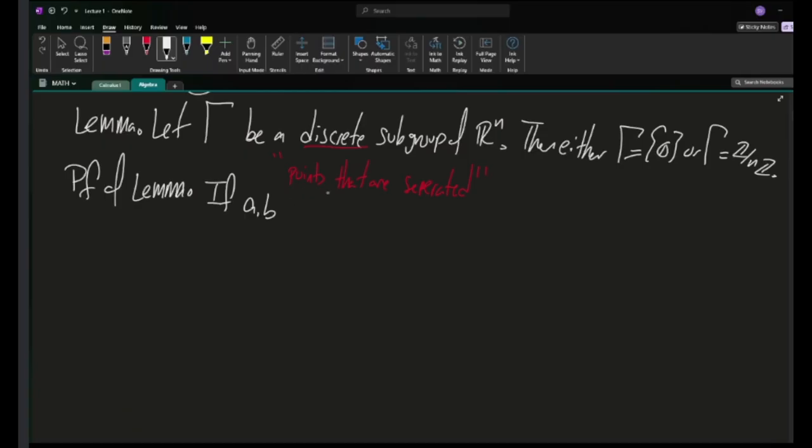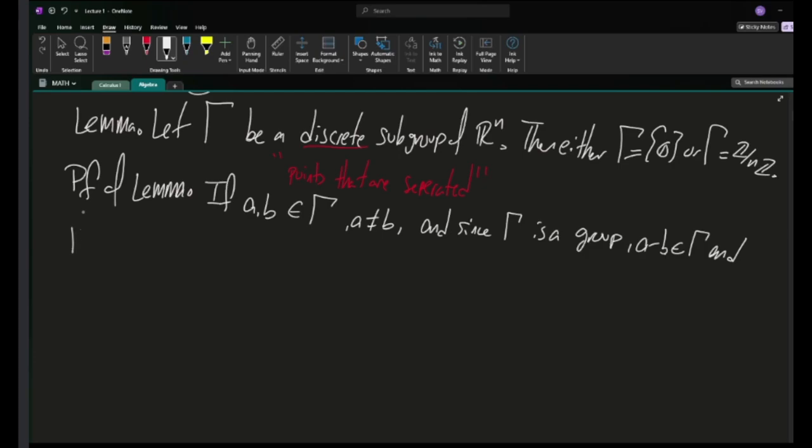If A and B are distinct elements of gamma, A not equal to B, and since gamma is a group, A minus B is in gamma, and the norm of A minus B is greater than epsilon for some epsilon greater than 0.